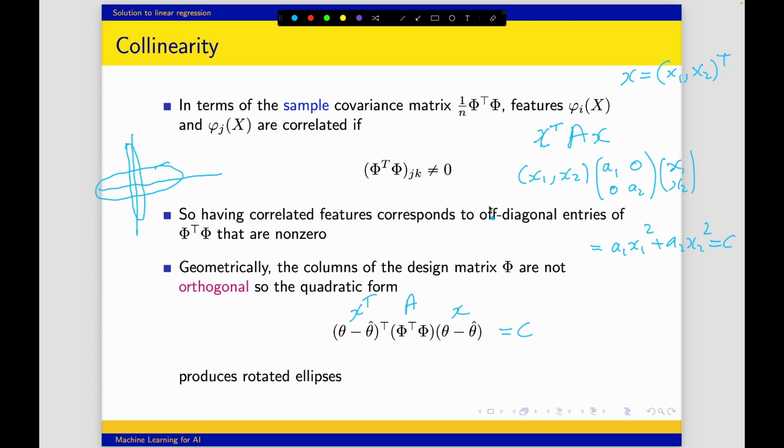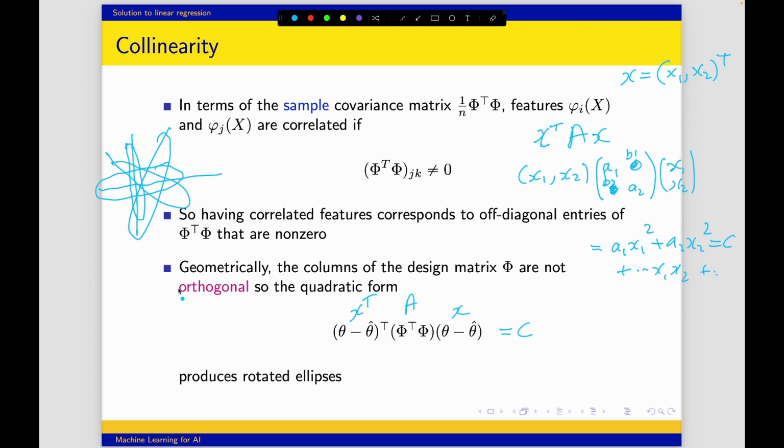Now, if these are not 0, let's say b1 and b2, then this will contain cross terms, x1 x2, plus some other constant which is then absorbed into there. And in which case we will get rotated ellipses like this or maybe like this.